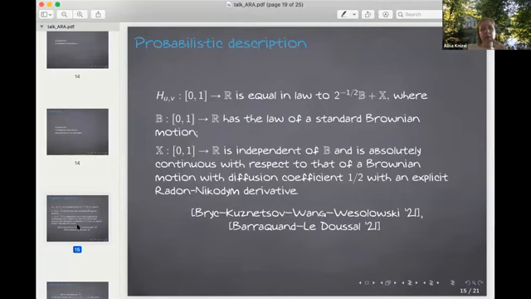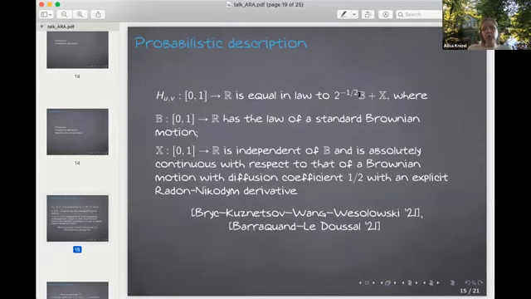And the description is the following. If we look at this limit stationary measure H_UV, it is equal in law to the following sum of independent processes.